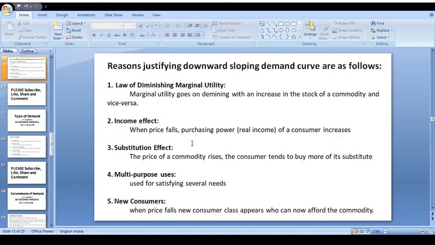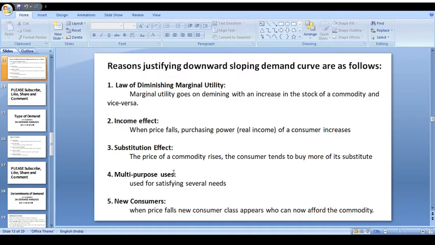In the case of substitute goods, when the price of a commodity rises, the consumer tends to buy more of its substitute and less of that commodity whose price has increased. This is known as the substitution effect. The price of a commodity rises, the consumer tends to buy more of its substitute. It is the substitution effect.